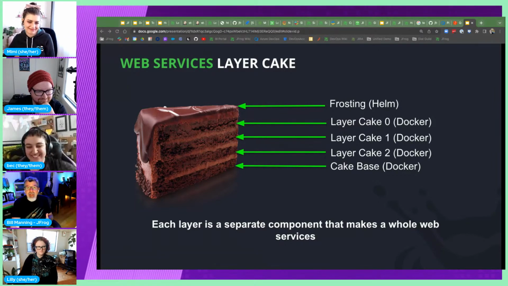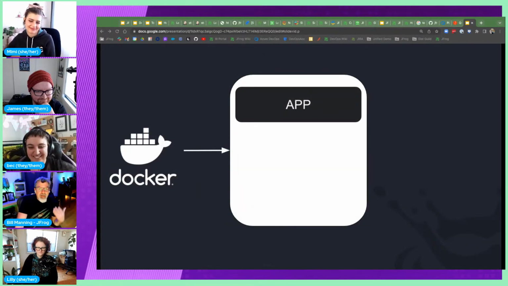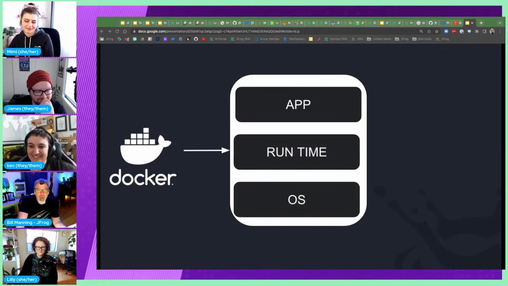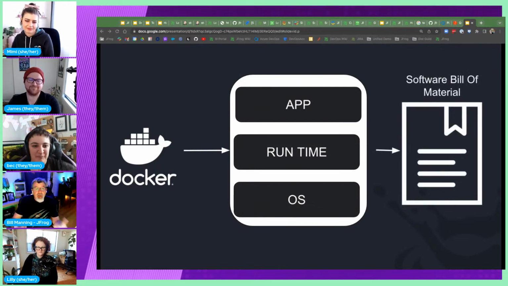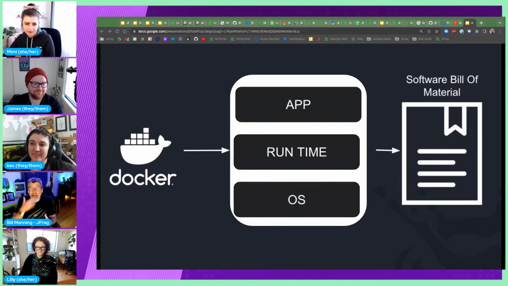But when you start breaking these apart, you need to think about even the Docker image layers. You have the app, you have the runtime, you have the OS, and you need to be able to account for every single component inside of that. So it's not just, hey, we built an app, we're going to supply you with a Docker image, you can run it with our product. Now you have to say, okay, we're running Ubuntu 16.04 LTS.